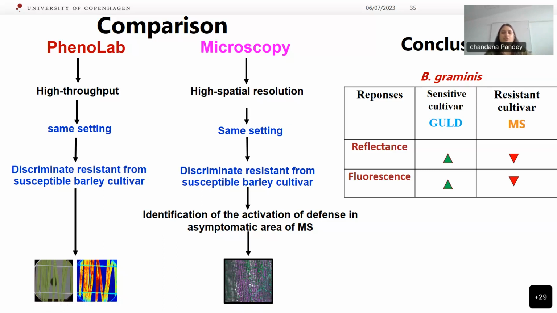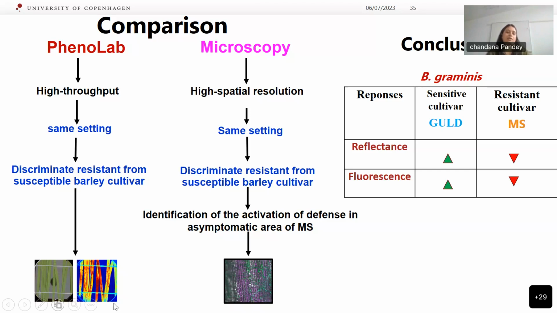With the microscopy, if we are talking about the Plumeria graminis infection, the infection is like a powder formation. So while we are targeting the microscope, we have to be very careful in the selection of the region, what region we put inside the microscopy lens. But with the phenolab, we measure 10 leaves at a time, and it is also very clear with the picture.